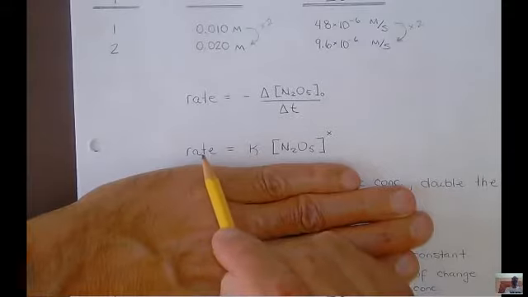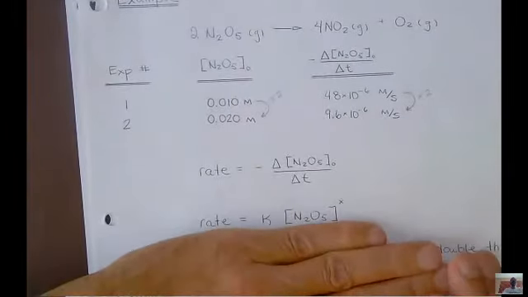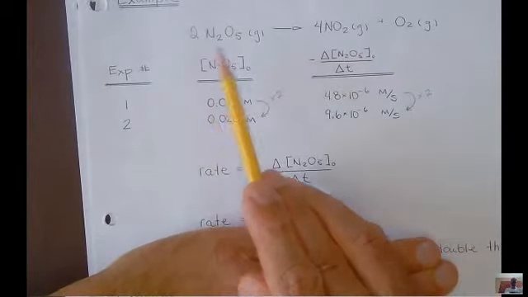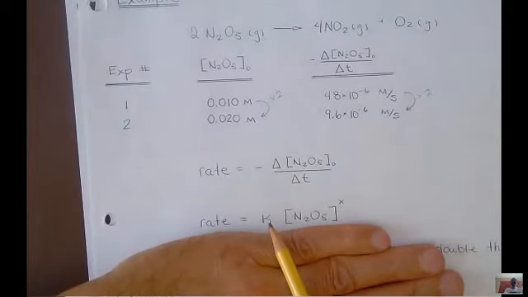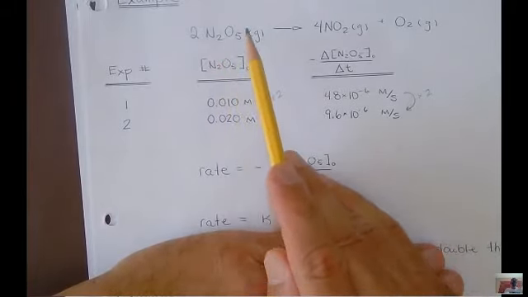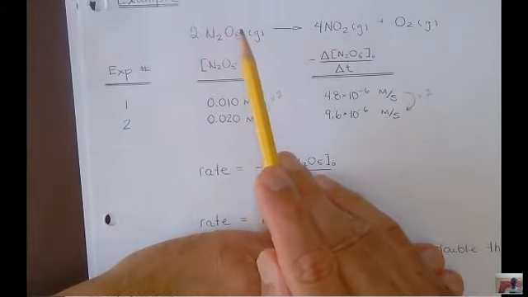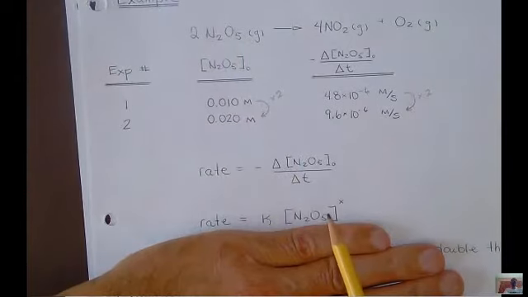I've just figured out that the rate for any chemical reaction, in fact, I could have written this part first. The rate for any chemical reaction is equal to the rate constant that I'll determine in a little while, times the initial concentration of any reactants. This chemical reaction only has one reactant, N2O5. So I write that down to some power that I'm going to determine later.